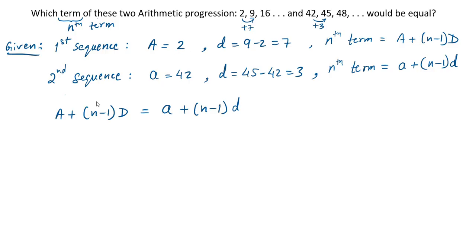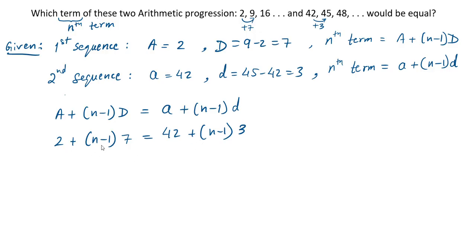So this will be 2 plus (n minus 1) D. I forgot to put the capital D over here. So D is 7. And for the second sequence, 42 plus (n minus 1), difference is 3. We'll just solve this, we'll get the n.